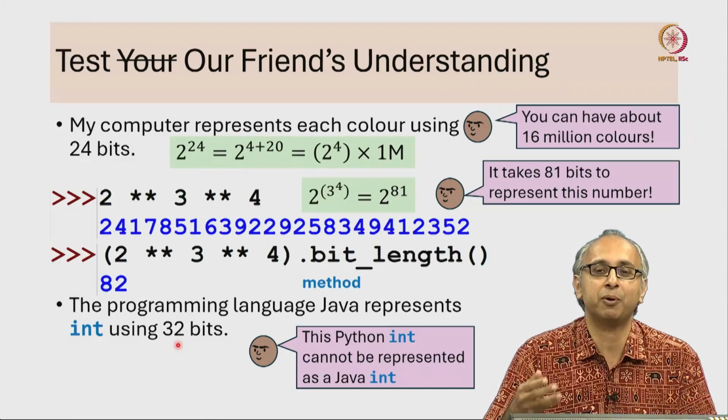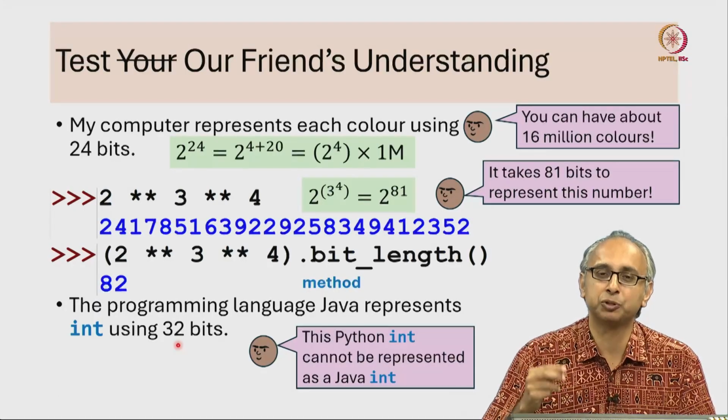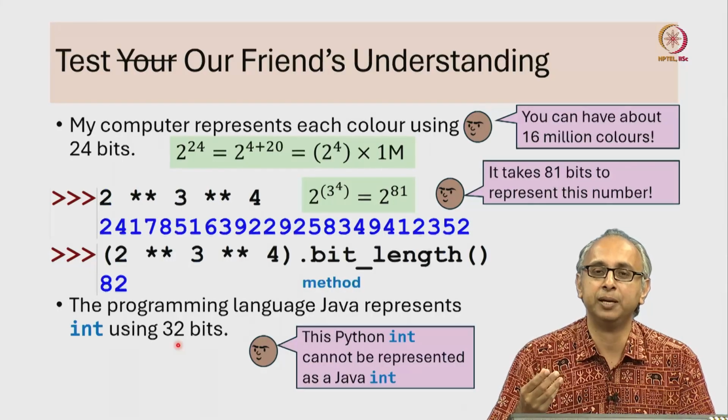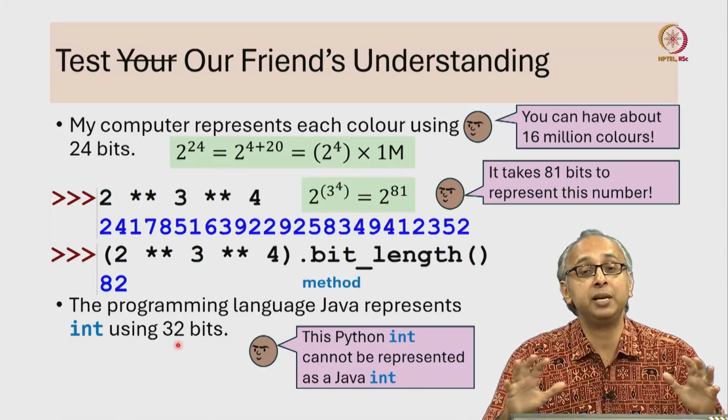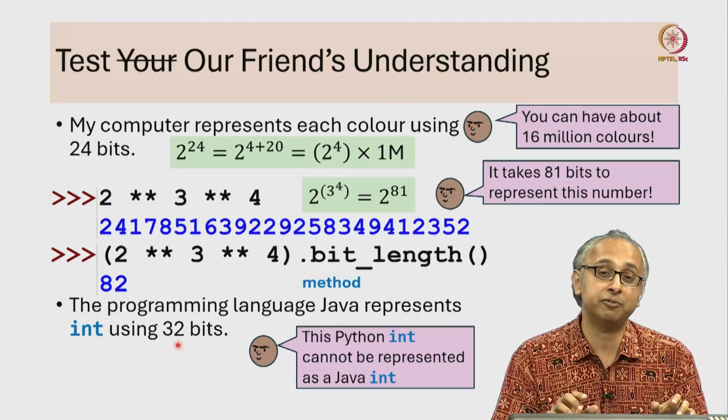Why? Because 2 to the power 30 is 1 billion roughly, and 2 to the power 31 is 2 billion, and 2 to the power 32 is 4 billion. So there are only 4 billion distinct integers that you can represent in Java.